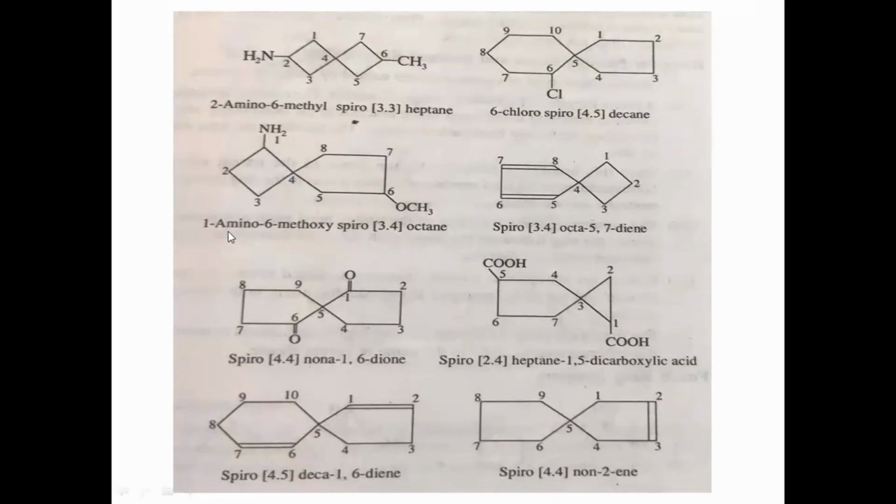So here it is 1-amino, 6-methoxy, Spiro 3.4 octane. Now see this one, a carbonyl group is there. So the same number of carbon atoms are present in both. So here see how it is named, like Spiro.